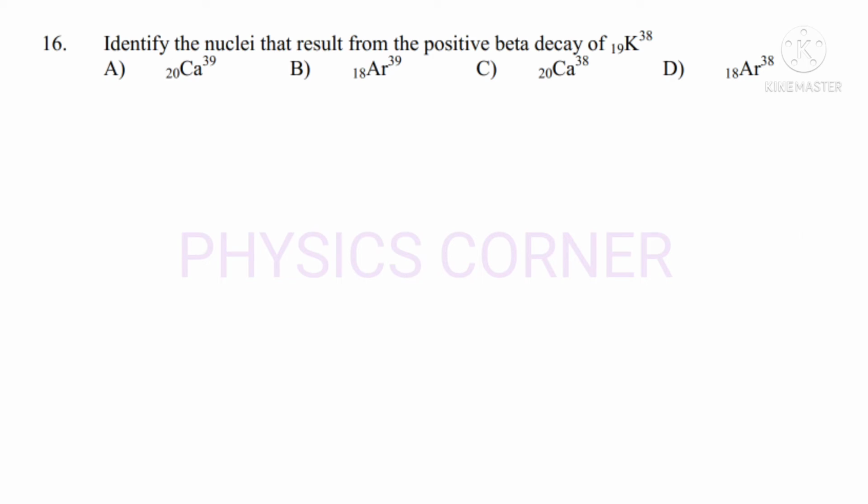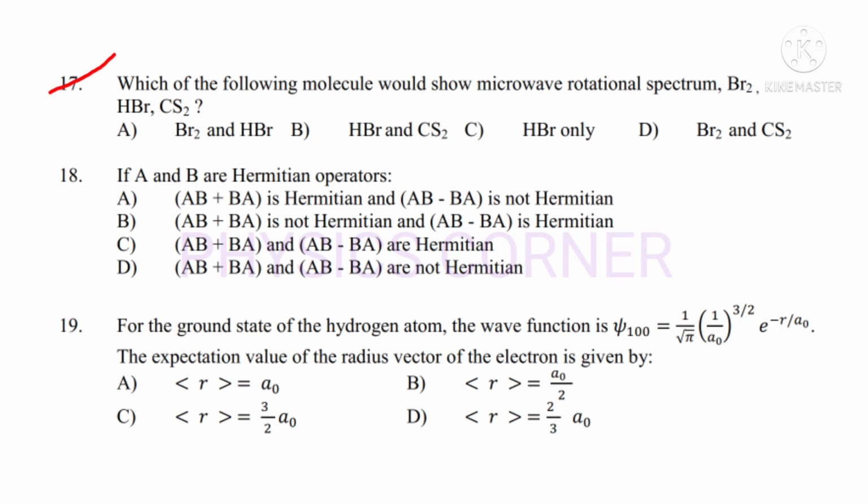So there will be no change in mass number. So here the atomic number must be 18 and the mass number must be the same, 38. Okay, so option D is the answer. Clear? All right. Next question.